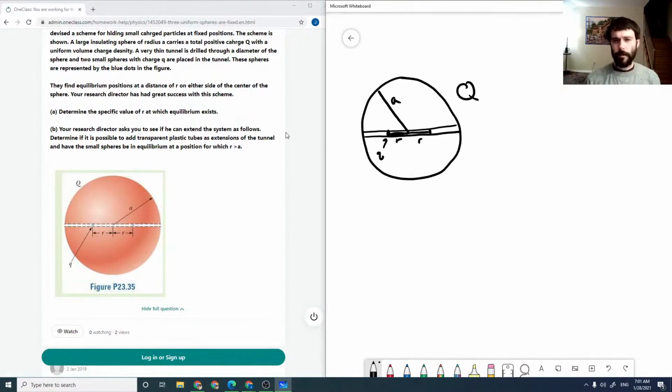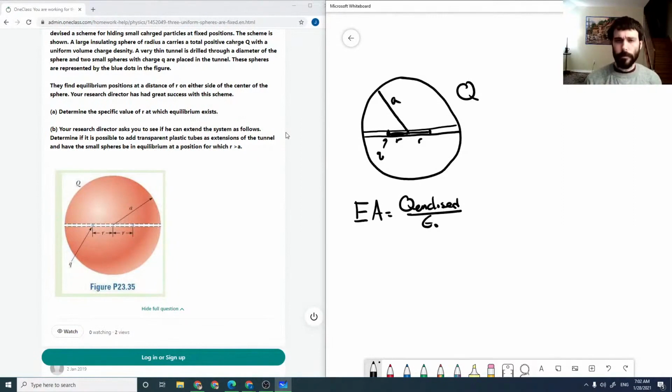Okay, so this is an application of Gauss's law. Gauss's law is just that our electric field times our area is the charge enclosed by the area over epsilon naught.